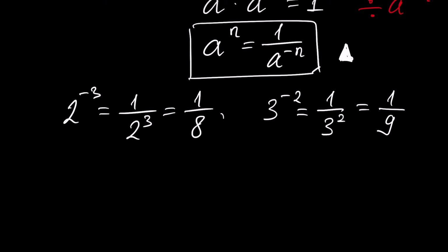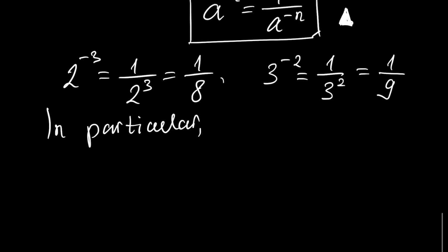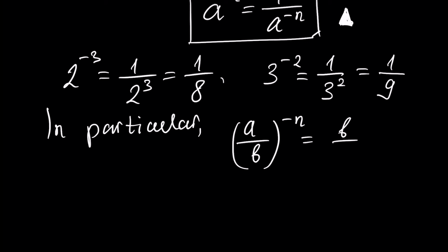We have in particular a result that a over b to the power minus n will be b over a to the power n.